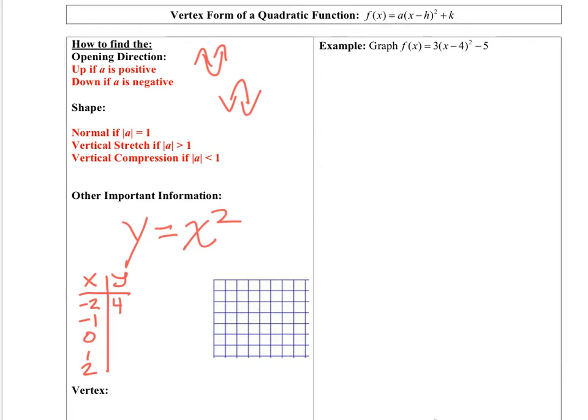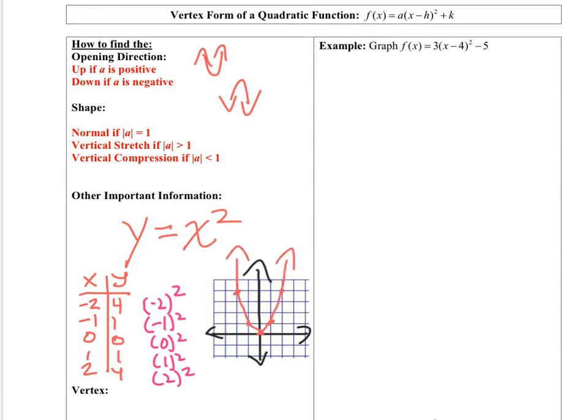Negative 1 squared is positive 1, 0 squared is 0, 1 squared is 1, and 2 squared is 4. We can plot these coordinates on the graph, and we'll see the shape of a parabola, which looks like the letter U.